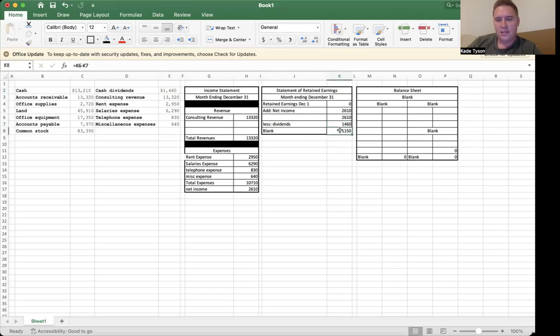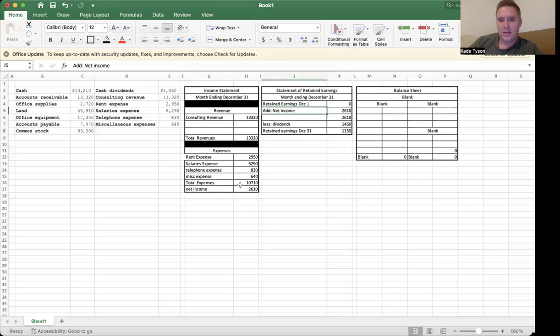And that's going to give us our retained earnings as of December 31st. Sorry, that's not quite spelled right. This is our statement of retained earnings, our retained earnings as of December 31st, $1,150.